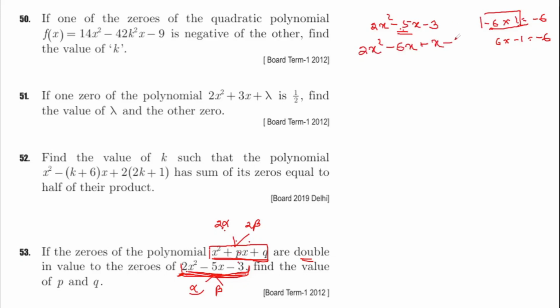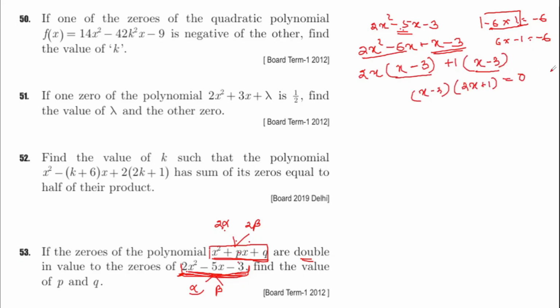So taking 2x as common, we will have x minus 3, and from the other terms there is no common term, so we will take 1 as common, so we are left with x minus 3. Now x minus 3 is present in both the terms, so taking x minus 3 as common, we are left with 2x plus 1. Now to get the zeros of the polynomial, let's equate with 0. So now x minus 3 is 0, or 2x plus 1 is 0.